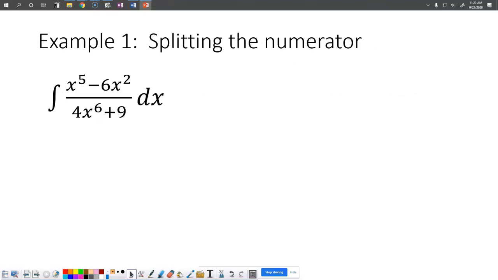When it comes to these integration strategies, a big question you should be asking yourself at this point, and we're going to focus on it a little bit later, is how do you know when to use these strategies? We're going to learn that in more detail on another day. But for now, how do you know when to split the numerator?